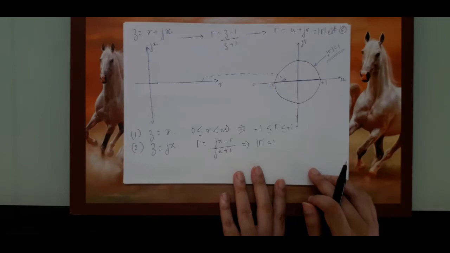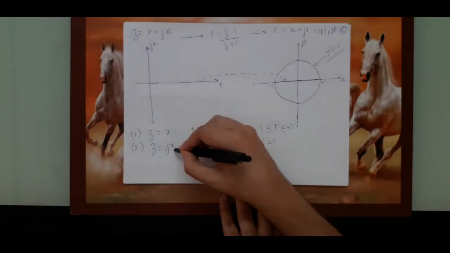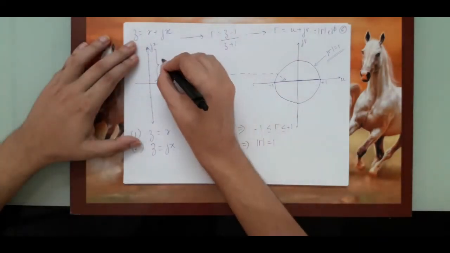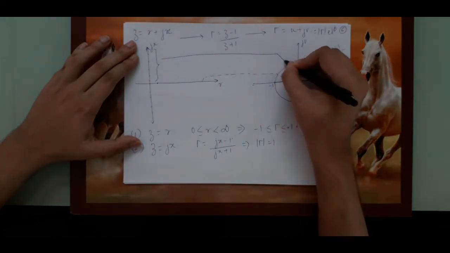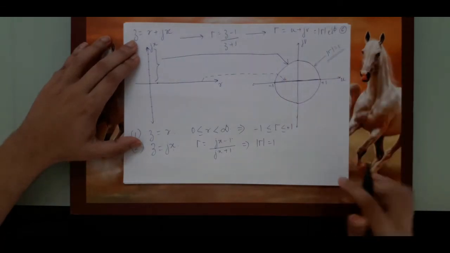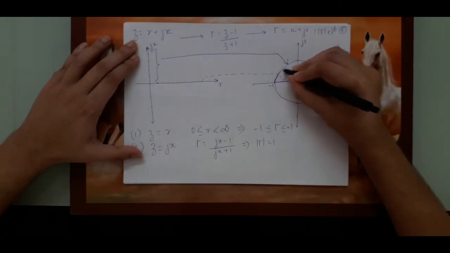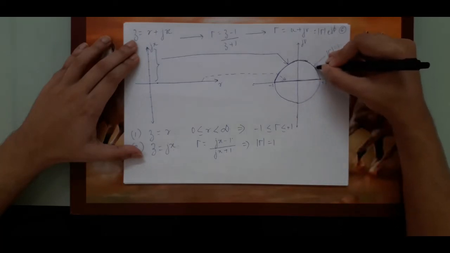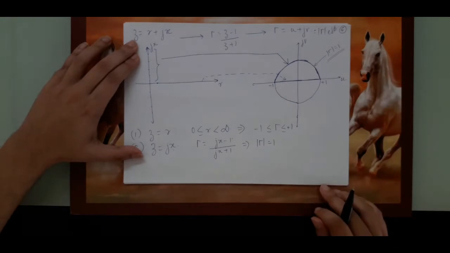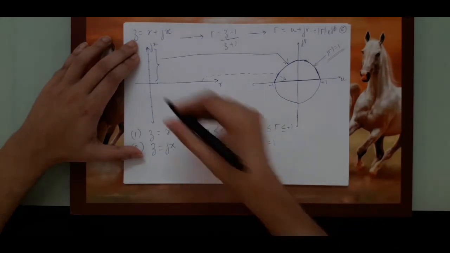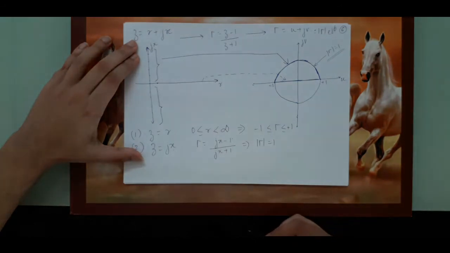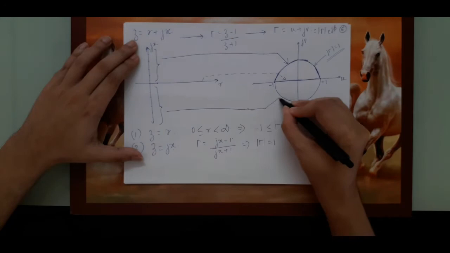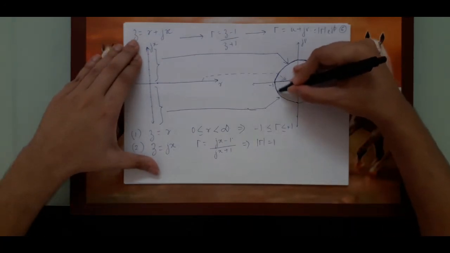And you can very easily prove that if X is positive, all the positive X values will get mapped onto the upper periphery of the circle, and all the minus jX values will get mapped onto the lower periphery.